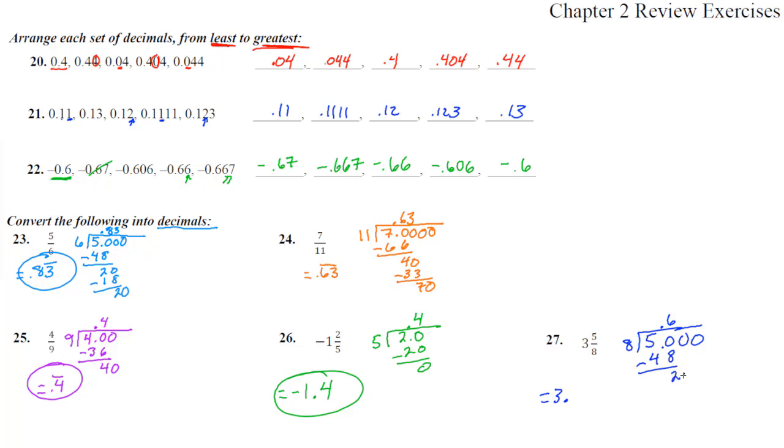Subtract that, we get a 2. Drop down the 0. 8 goes into 20 twice. That's 16. Subtract, and we get a 4. Drop down the 0. That's 40. 8 goes into 40 5 times. Gives us 40. It stopped. It didn't repeat a pattern. 6, 2, 5. So 5/8 is that. So that's 3 and 5/8. Excellent.